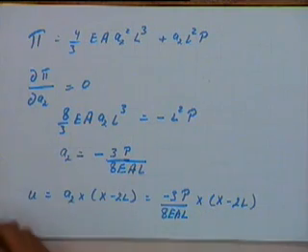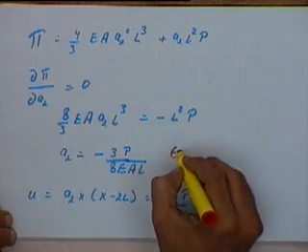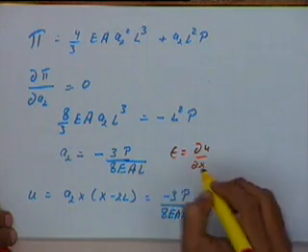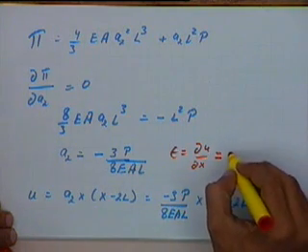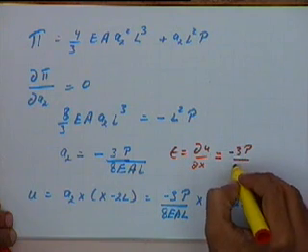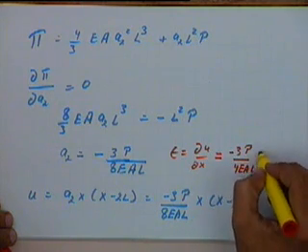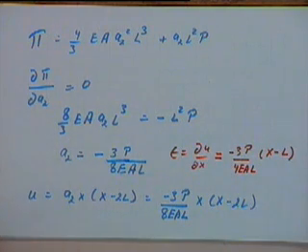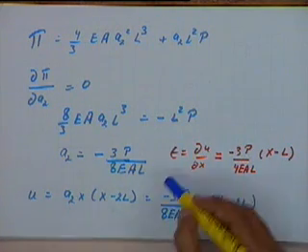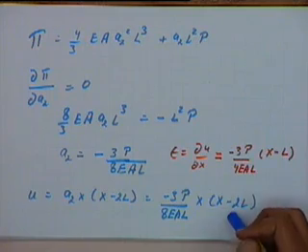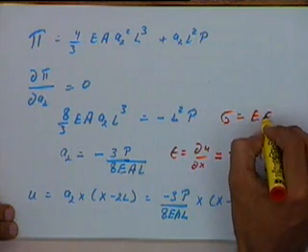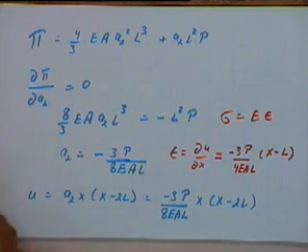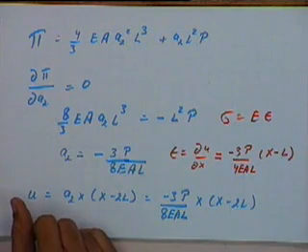And similarly, epsilon is equal to del u by del x, that will be 2 A2 into x minus L, which becomes minus 3P by 4 EAL into x minus L. So we have an expression for epsilon as well as for u. If we know epsilon, we also know sigma, as sigma is equal to E times epsilon. So this is how we can find all the stresses and strains in the body.